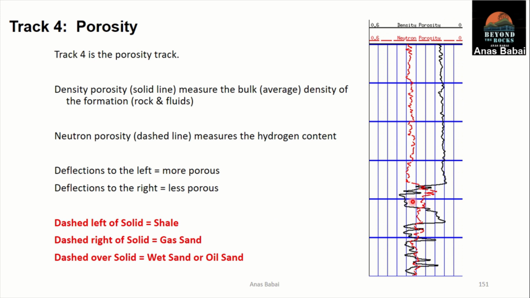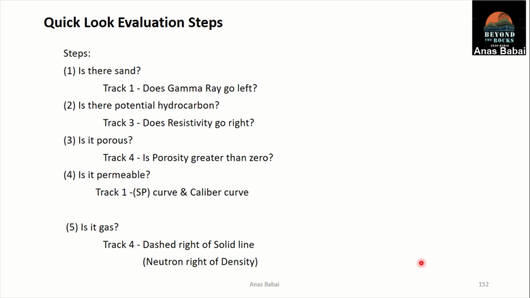And if the separation between the neutron and density is large, that means it contains gas, while if it's narrow, it means that it contains oil. And if they overlay each other, that means it's a water bearing zone.